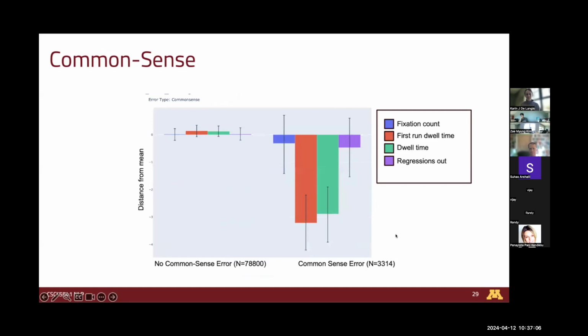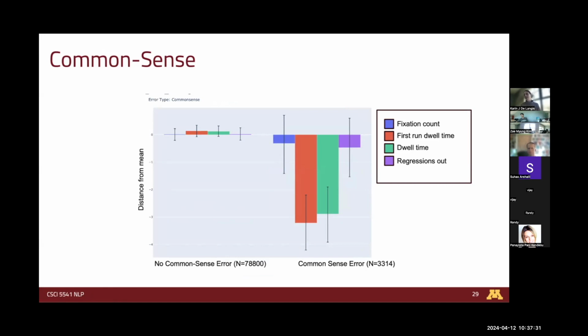So I tried to loosen the restriction a little bit and also include parts of the text that fewer people marked as a common sense error. And I got this result, which is lower dwell times overall, which is again, as Zay was pointing out, not what we would have predicted.